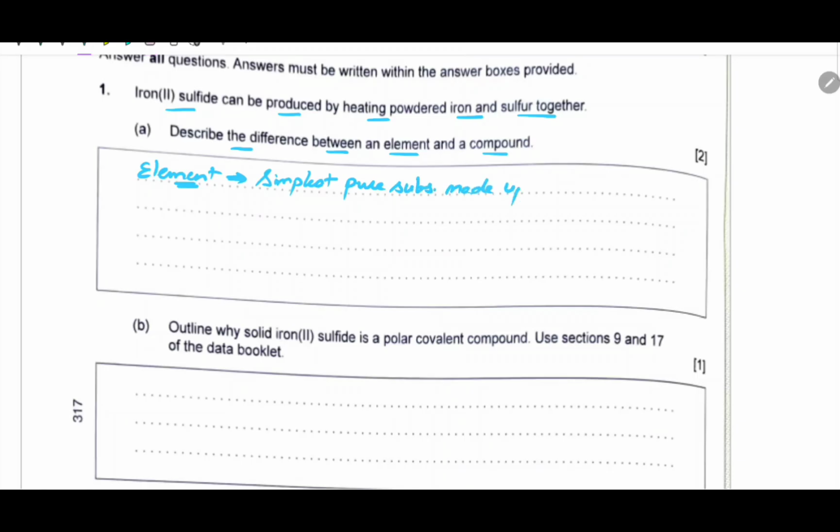Made up of only one type of atoms, having characteristic physical and chemical properties, and it cannot be broken down into more simple substances.